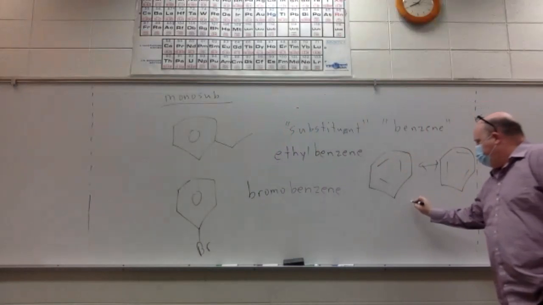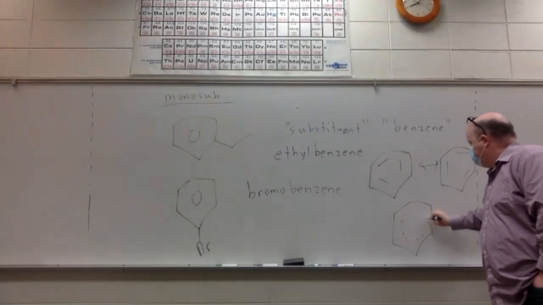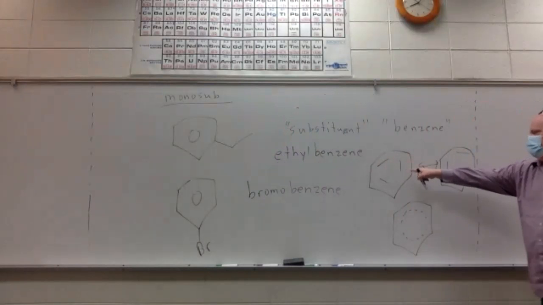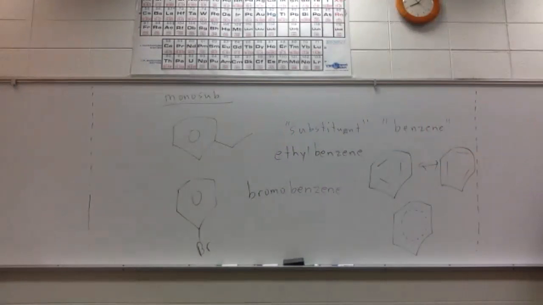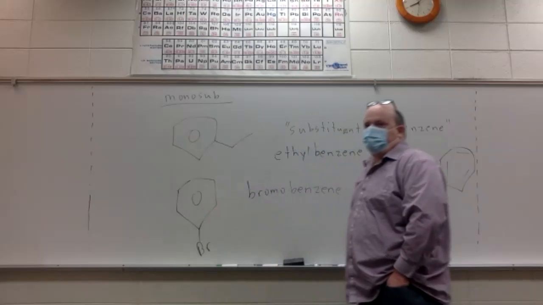Really, the hybrid of these would be sort of like this. If we're doing the resonance hybrid, all 6 of those electrons are constantly spread out amongst all of those. So a really common notation for denoting this is the circle notation.